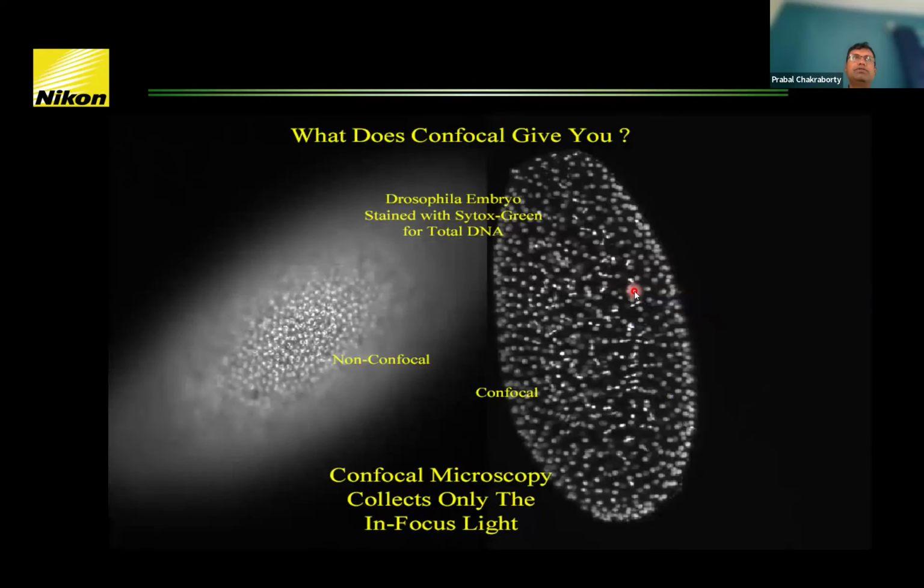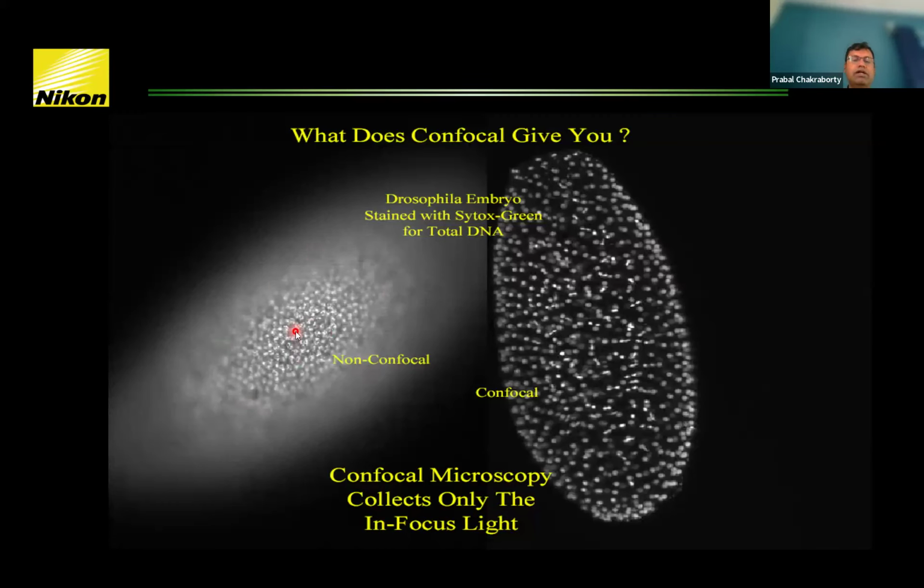Particularly if your sample is quite thick, then this out of focus light problem affects the final image more. This is one example where a Drosophila embryo is stained with Sytox Green, which particularly stains the nucleus, or the DNA. On the left side, since a lot of out of focus light is coming in wide field fluorescence imaging, you can see the nuclei clearly in only a part of the sample.